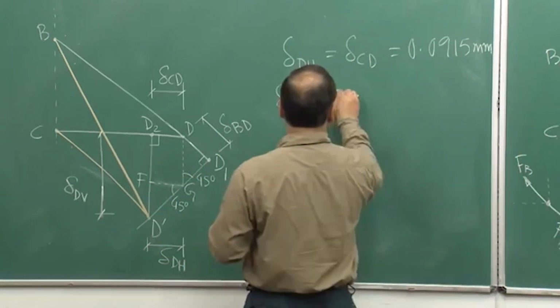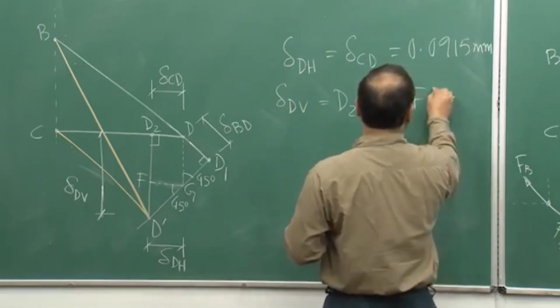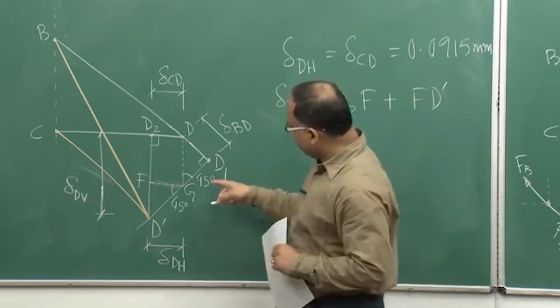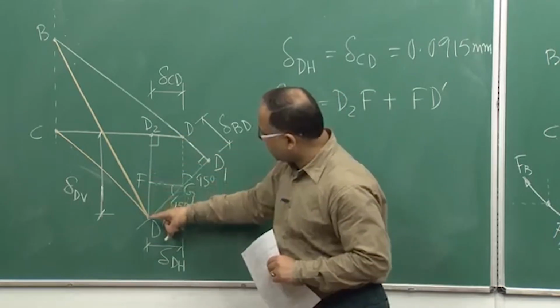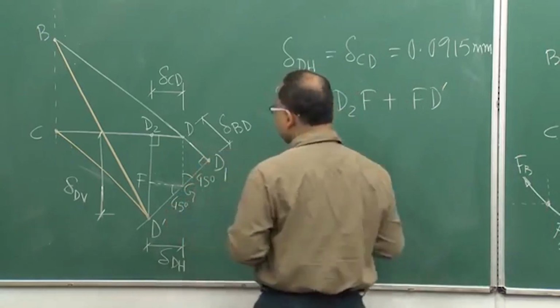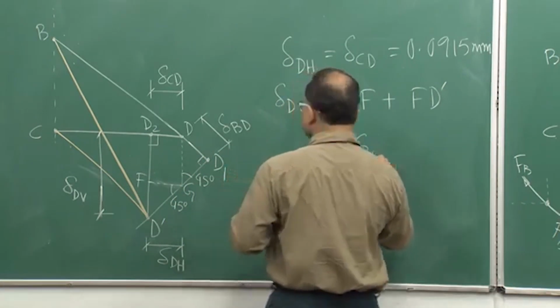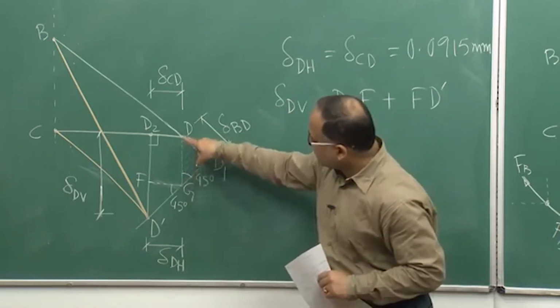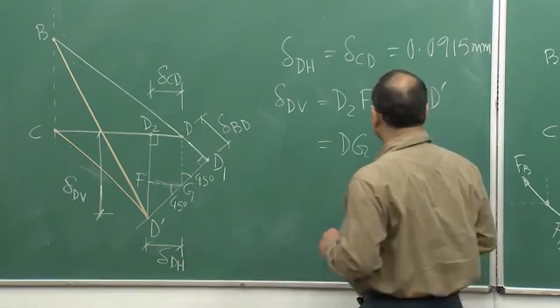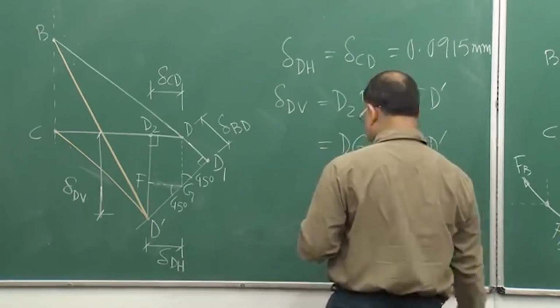If you look at the figure, that will be D2F plus FD prime. It can be further written as D2F, which is D2G, you look at here DG, this dashed line or the dotted line, plus FD prime.